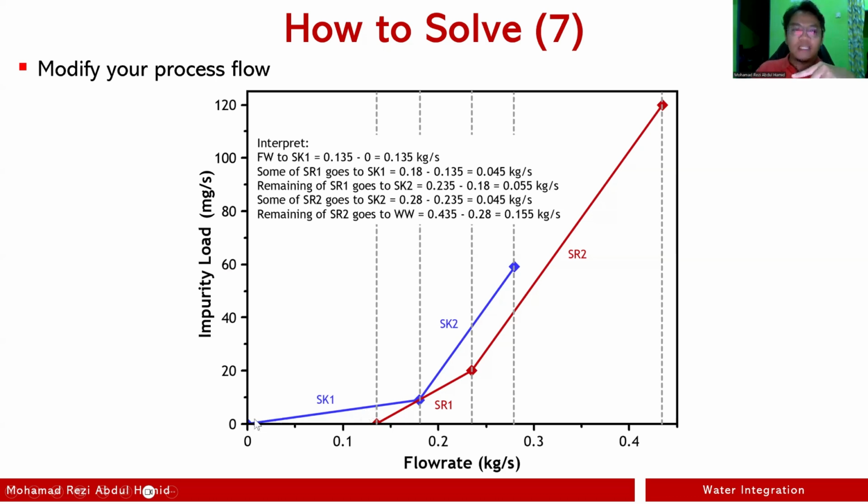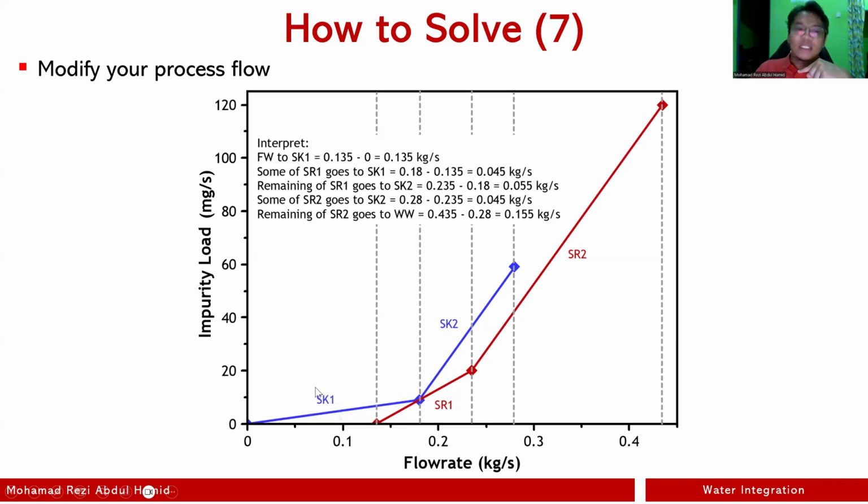In this case, I only have one line from here to here, the blue line, which is basically SK1. So the amount of fresh water that I need to provide to SK1 is from here minus here. So 0.135 minus 0 is 0.135 kilogram per second.